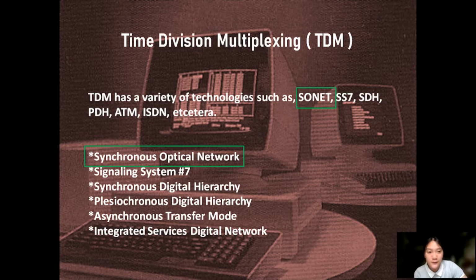SDH is often compared to SONET because they have similarities in their principles. Next is PDH, which means Plesiochronous Digital Hierarchy, ATM or Asynchronous Transfer Mode, and ISDN, which is Integrated Services Digital Network.